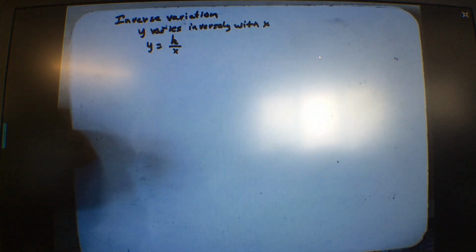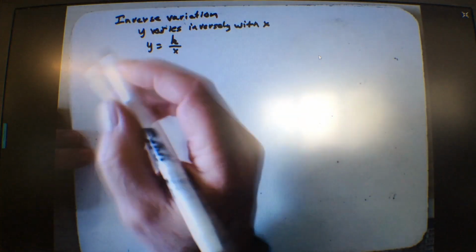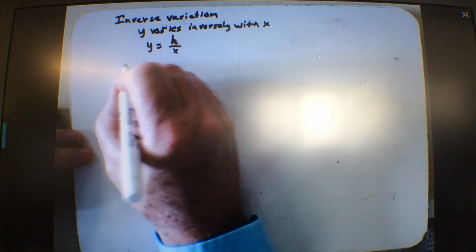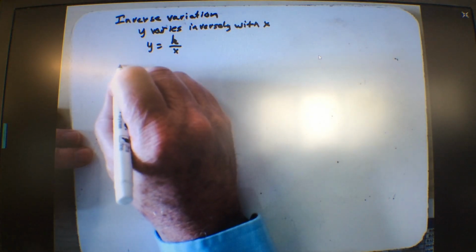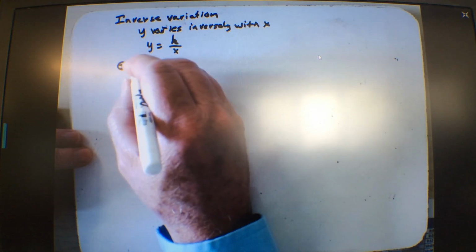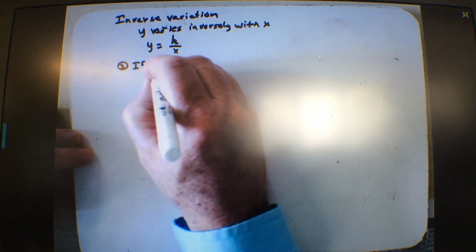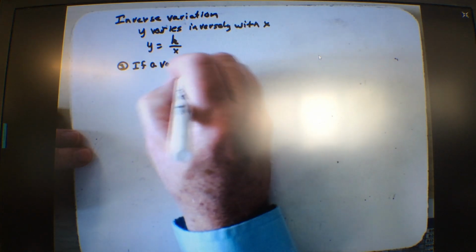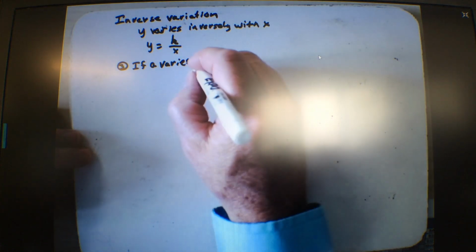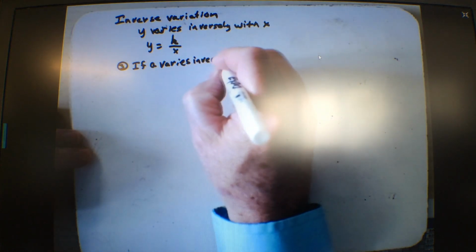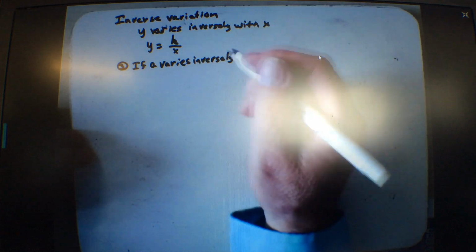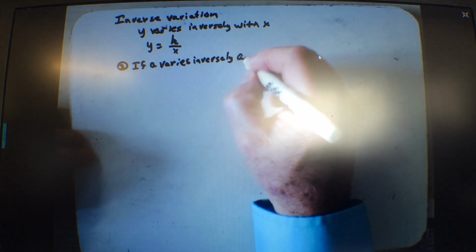I always think of a hot air balloon. As altitude rises, temperature lowers when you go up in a hot air balloon. Okay? All right, so let's take a look at this. Number 3. If A varies inversely as B. Now we're using different variables, but we could have used x and y also.